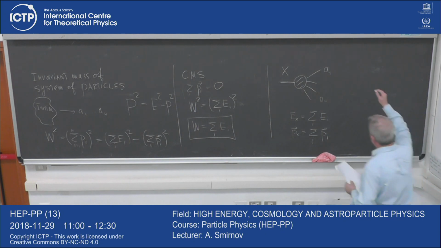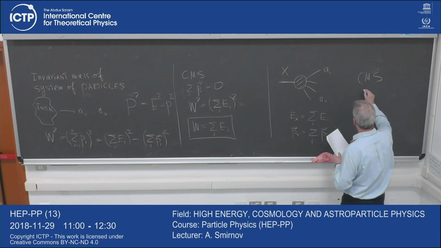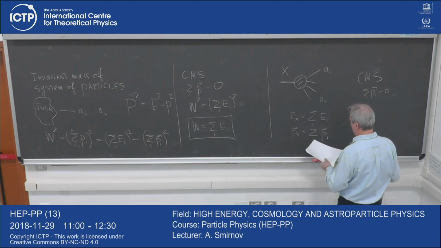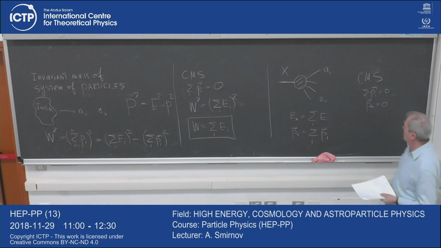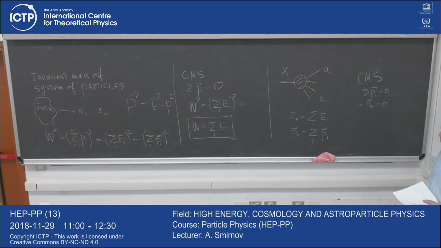Now in the center of mass system, I will have the sum over Pi equals 0. And therefore, from the expression for momentum conservation, I get that Px is also 0. Therefore, in the center of mass system, particle X should be at rest.